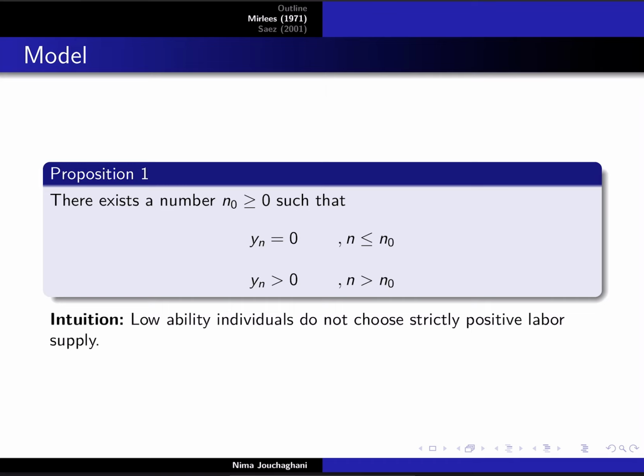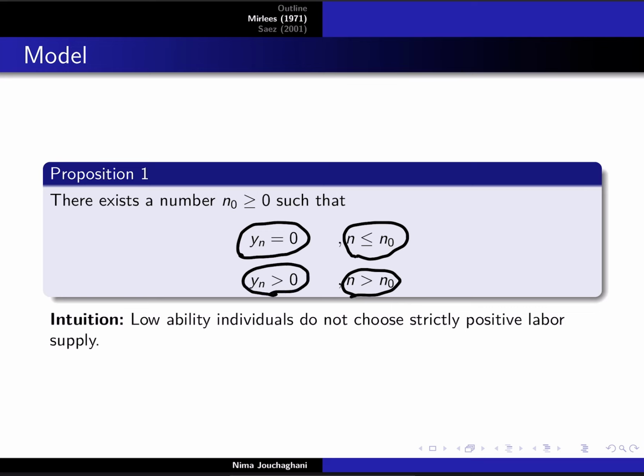There is a preliminary result in the paper, which refers to the working time depending on the skill that an individual has. Proposition one says that there exists a threshold skill level, weakly larger than 0, such that all individuals who have ability less than or equal to this threshold will choose a working time of 0, and all individuals with higher ability will choose a strictly positive working time.